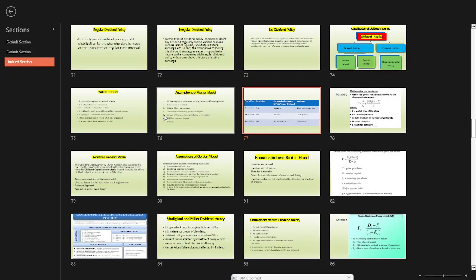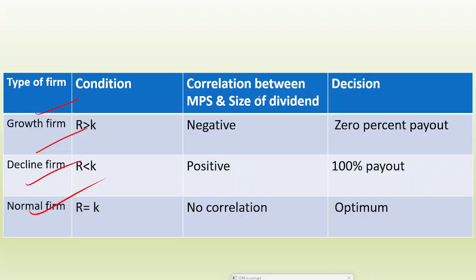Then the decline firm is when R, the internal rate of return, is less than the cost of capital.